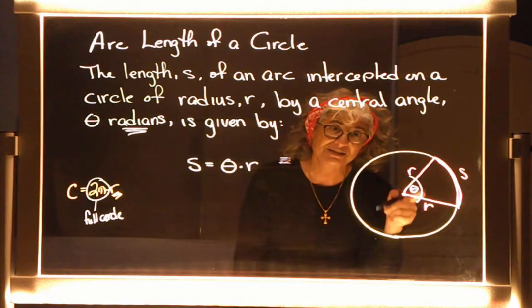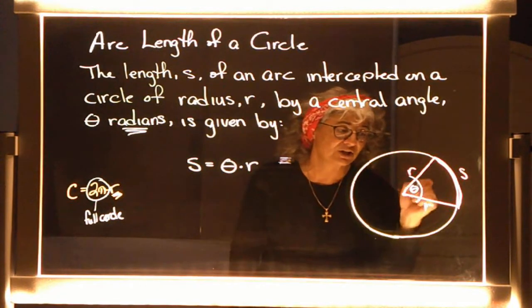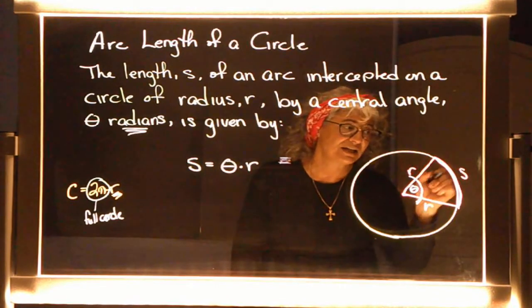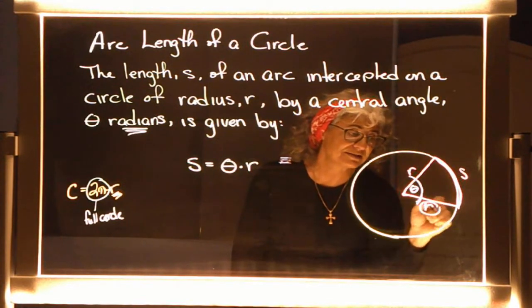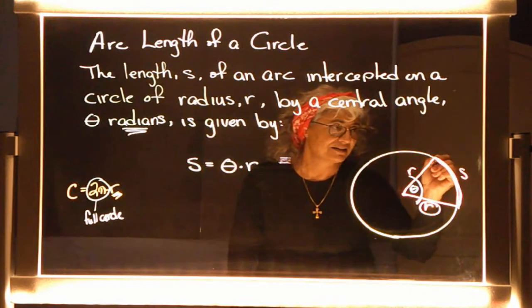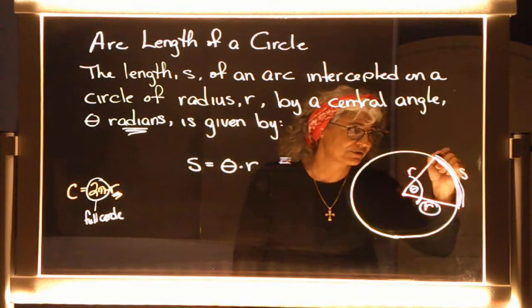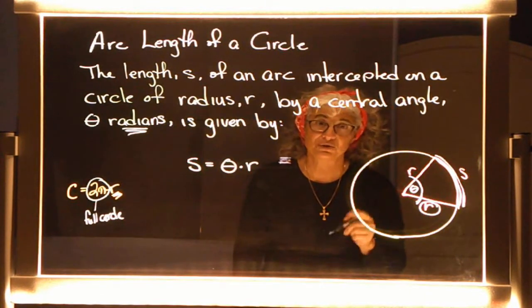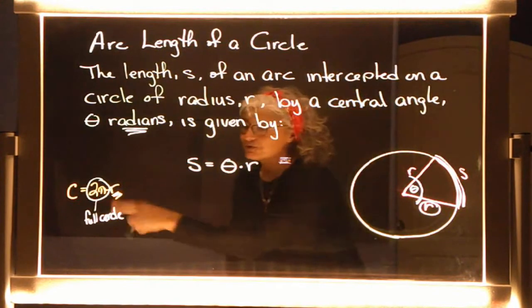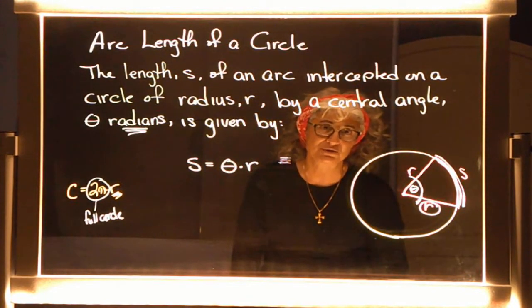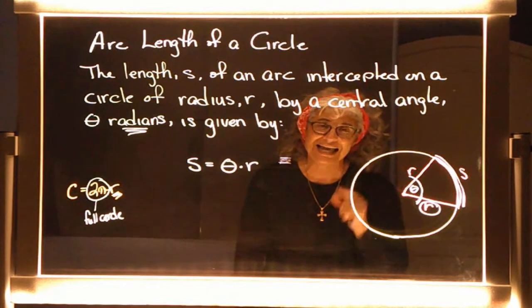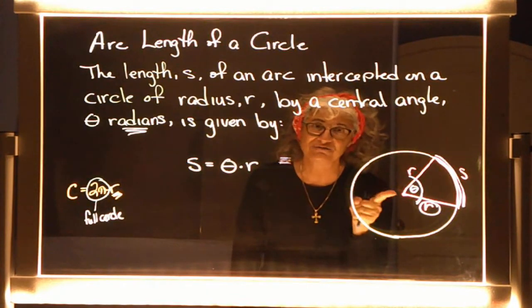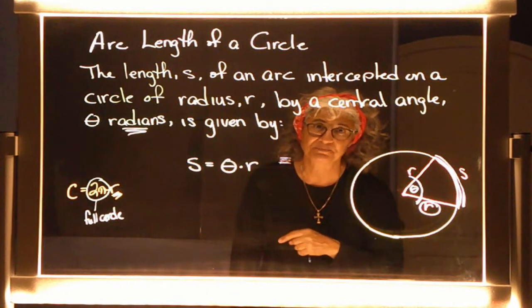But in this case, my central angle is not the entire circle, it's a portion of the circle. So I take the central angle and multiply it by the radius in order to get this distance for the arc length. Cool? It's the exact same formula as the circumference formula for a circle, except in this case, I'm not taking the full circle, I'm only taking a part of it.